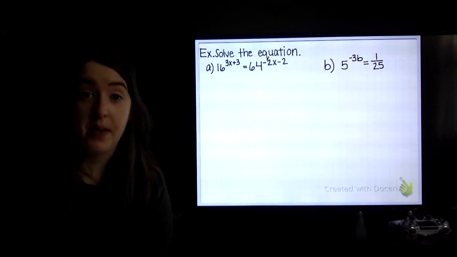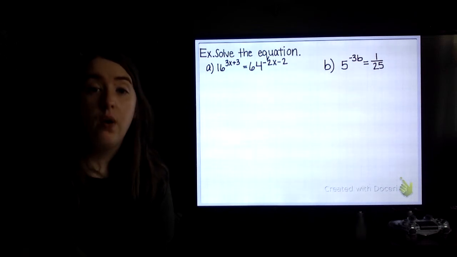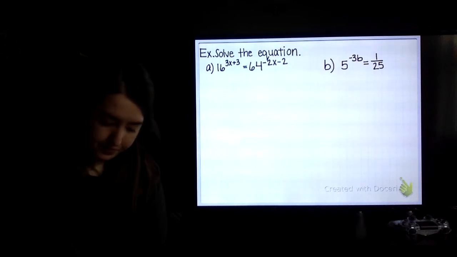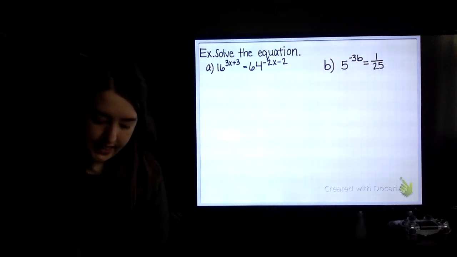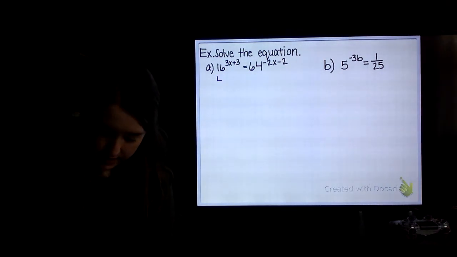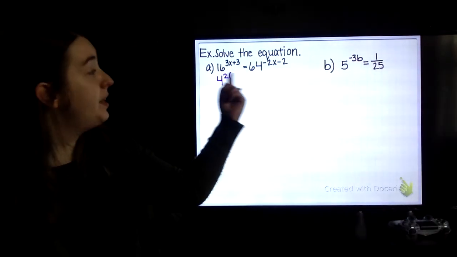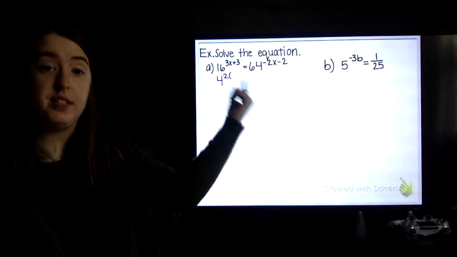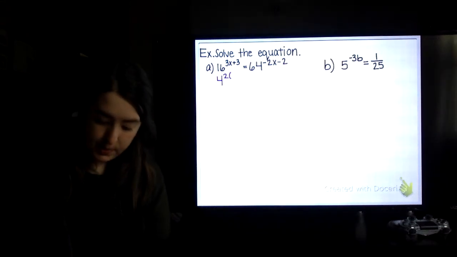You could also approach it as a power of 2. So we know that 16 is 4 squared, right? So I'm going to write 16 as 4 squared. And then in parentheses, I'm going to put that power that I had just a minute ago, that 3x plus 3.